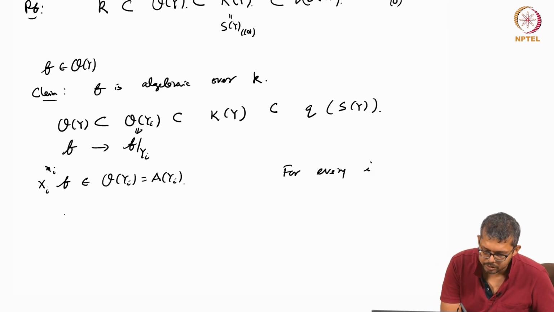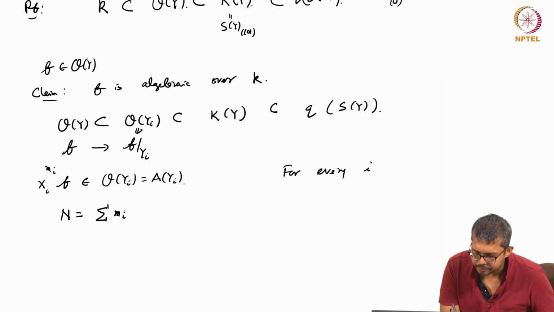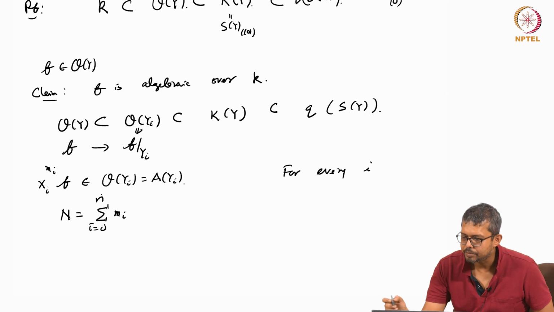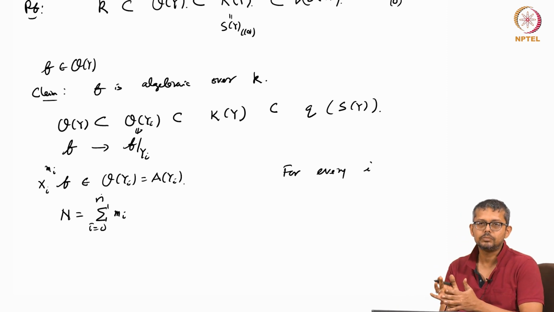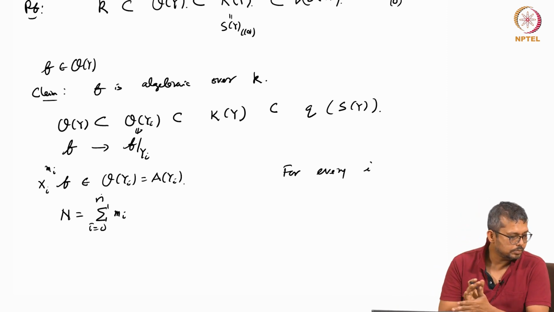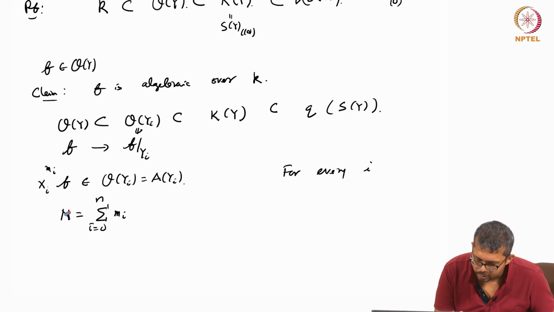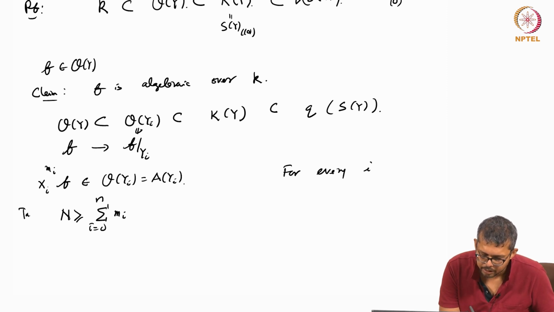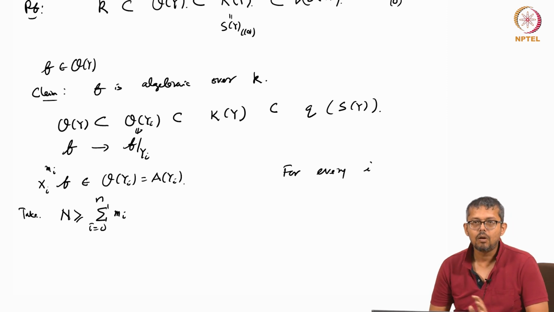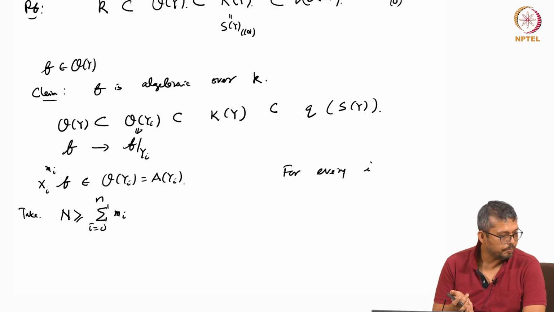Now what you do, this is the maximum technique: you take n to be the summation of m_i, i equal to 0 to n. Or you can take any n greater than or equal to the summation of m_i.